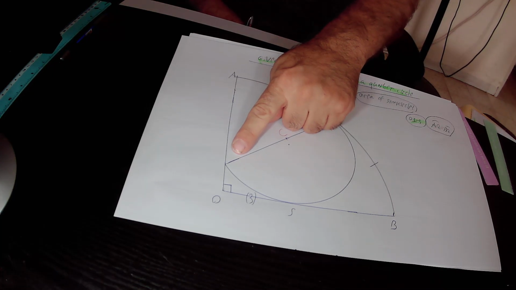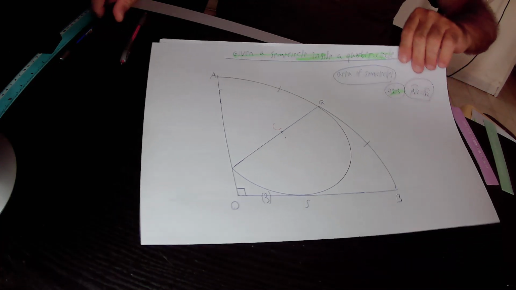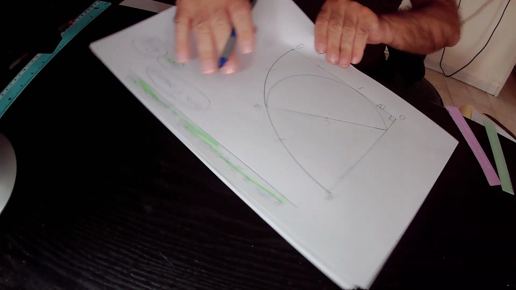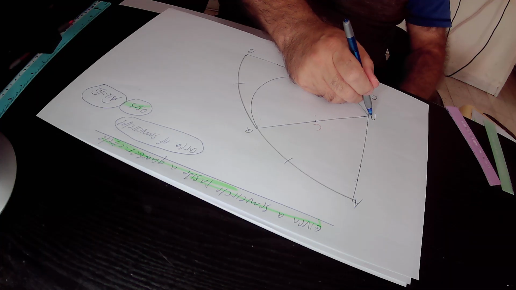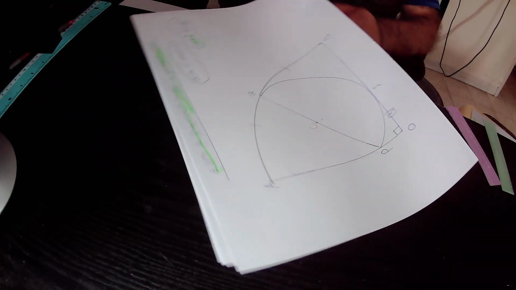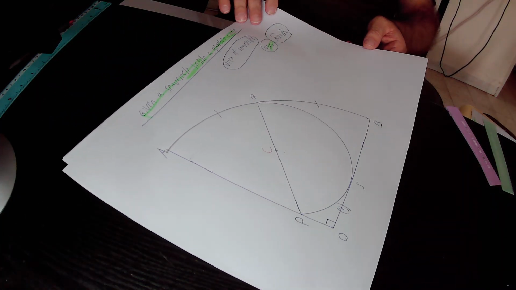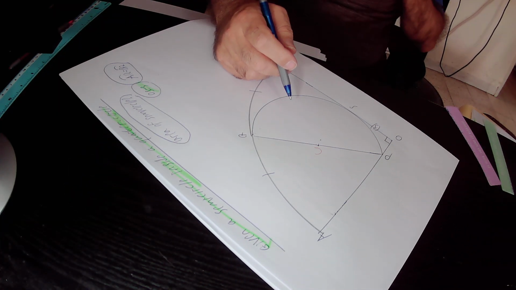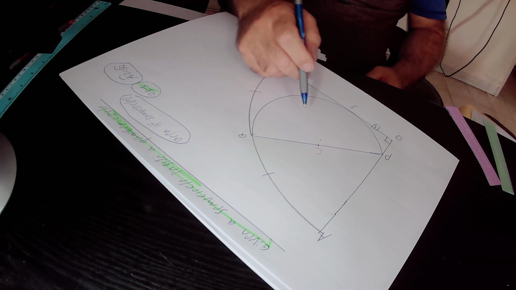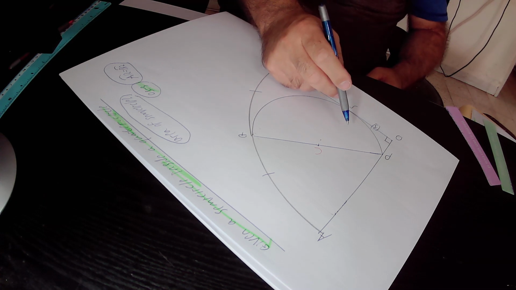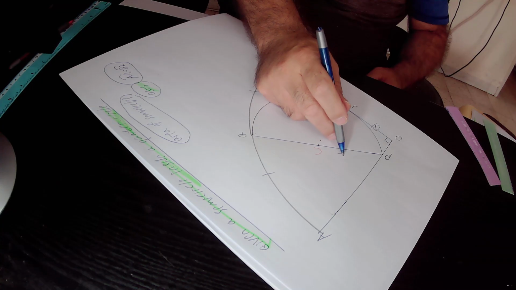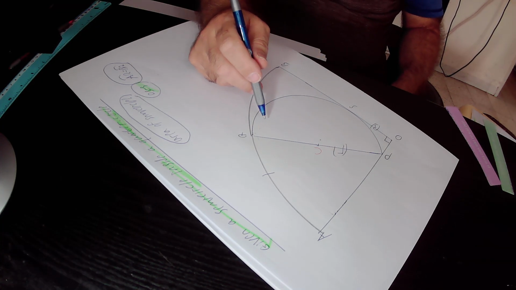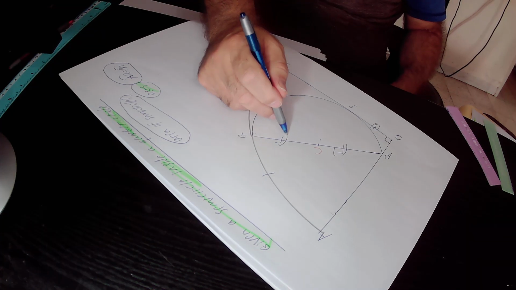This point is point P. We define the radius of this semicircle as R. So CP is the radius of the semicircle that equals R. Likewise, CQ is also the radius of the semicircle that equals R.